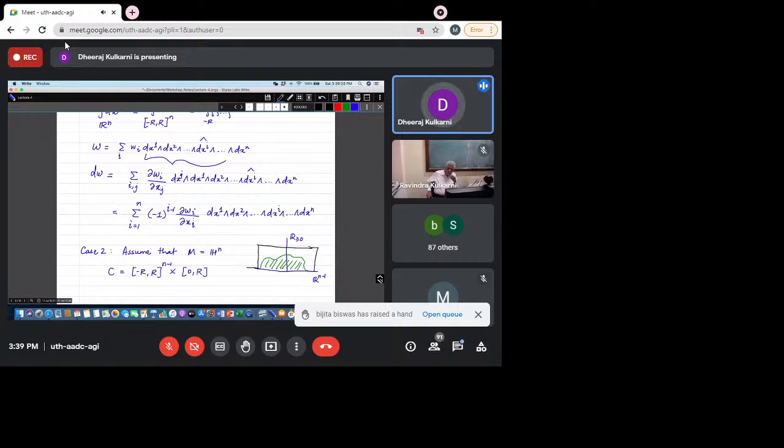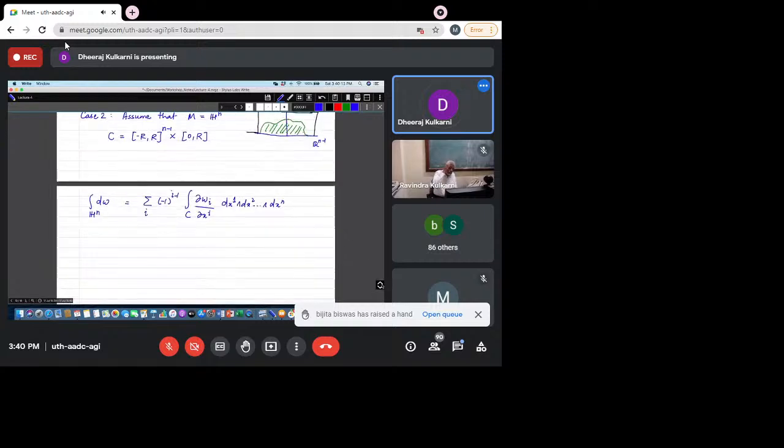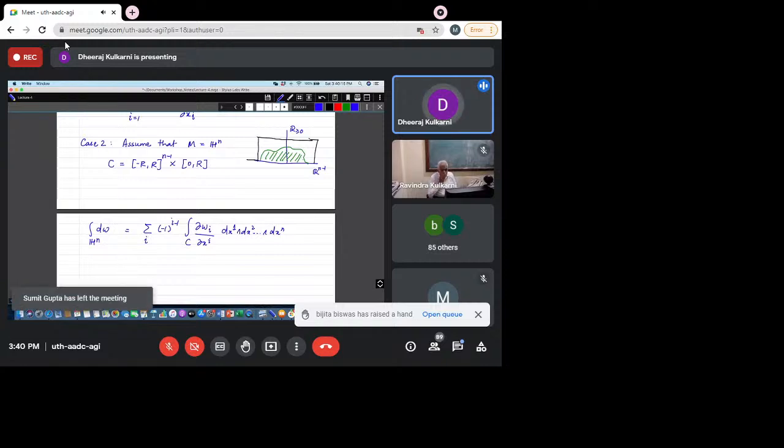We will see that the integration of d omega on Hn will be, you have to take this sum over i of minus 1 to the power i minus 1, integral over this C of the individual term, the partial of omega i with respect to xi, and you have this form dx1 to dxn. Now this is an alternating sum.